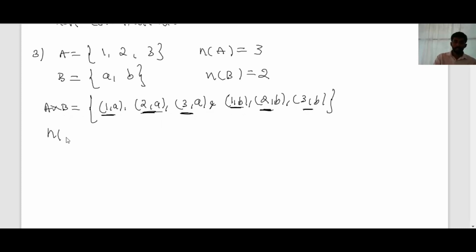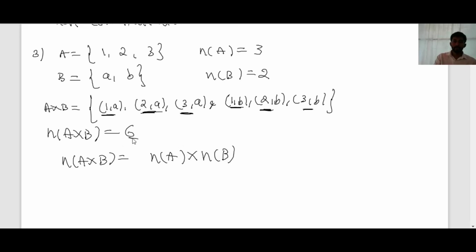Here I will write n of A cross B is equal to 6. n of A cross B is nothing but cardinality of A cross B. You studied in set chapter, right? Cardinality of set is nothing but number of elements in that set, right? Okay. n of A cross B equal to 6. By this you can say that n of A cross B is equal to n of A into n of B. Yes or no?